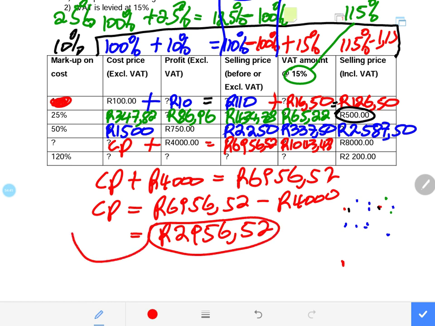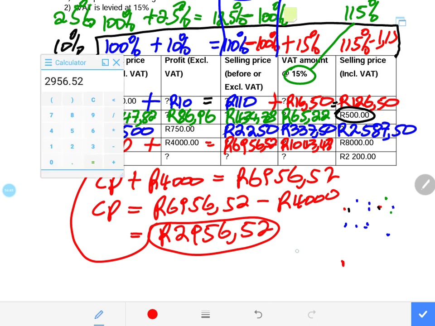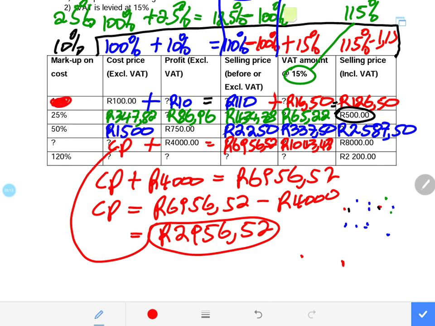Markup percentage will be 4,000 divided by 2,956.52, times by 100.